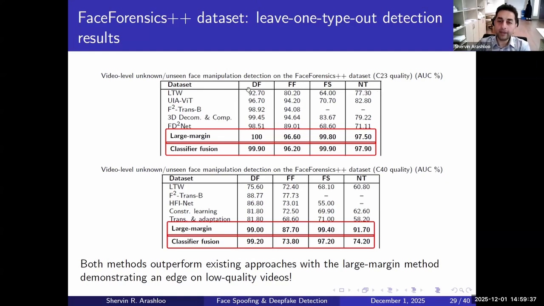This mimics the realistic situation where you train your model, someone else comes up with a new generative model, and we would like to realistically measure the performance of our method on unseen new models. So again, both of our methods achieve very good performance, but the large margin method performs slightly better compared to this classifier fusion, specifically on low quality samples.